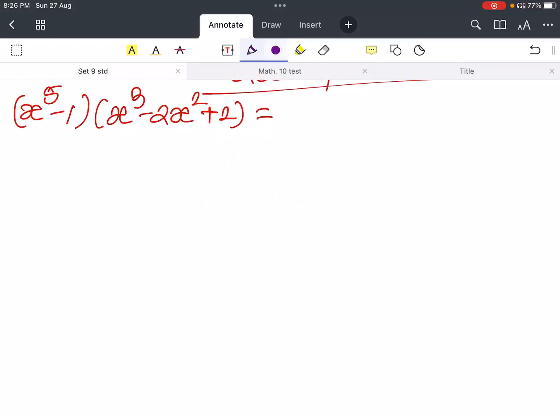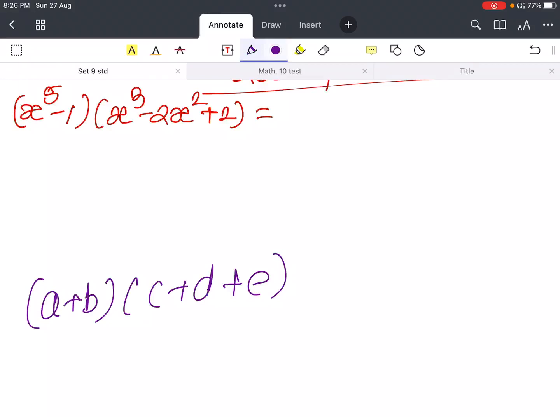First of all, compare this with the form a plus b into bracket c plus d plus e. According to the rule, a is multiplied with this whole bracket. Similarly, b is also multiplied with this whole bracket.